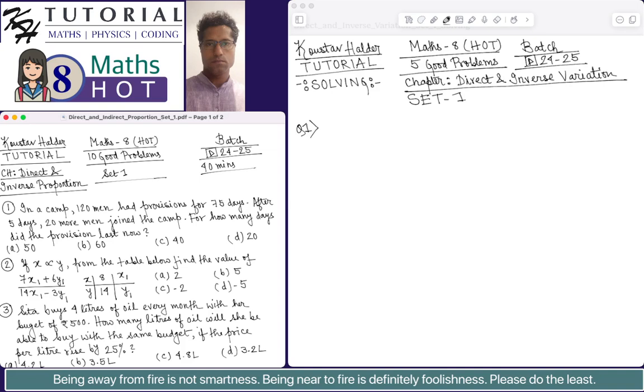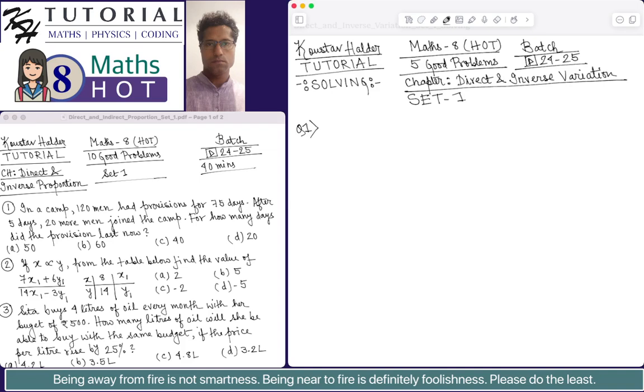Now based on this fact, that food can be consumed by 120 men in 75 days. That is, the food will last for 75 days if the number of men is 120.